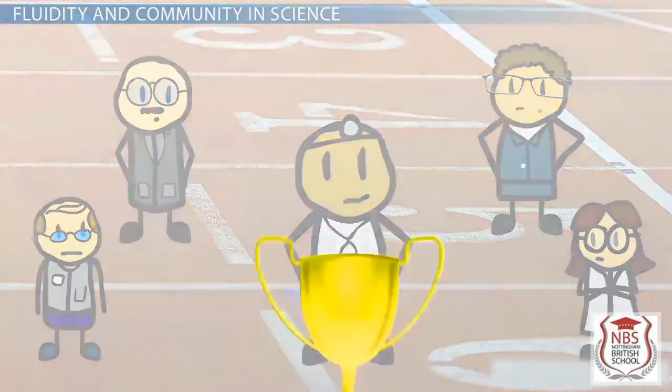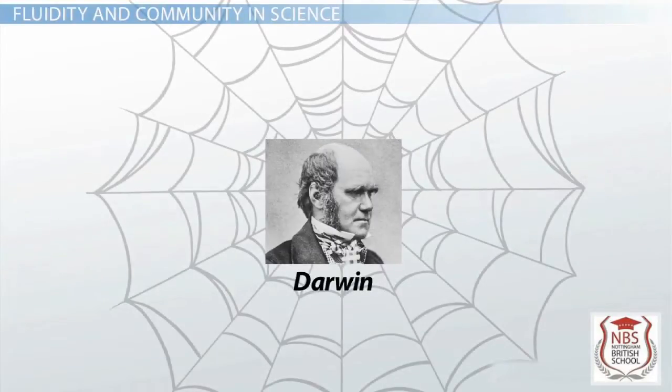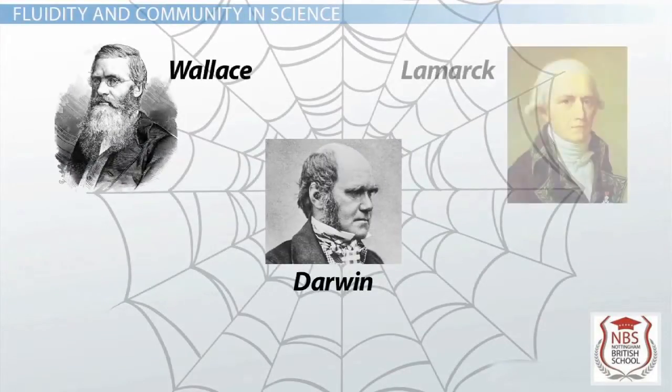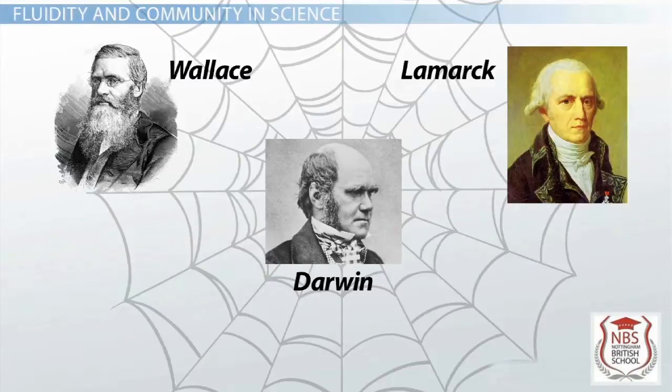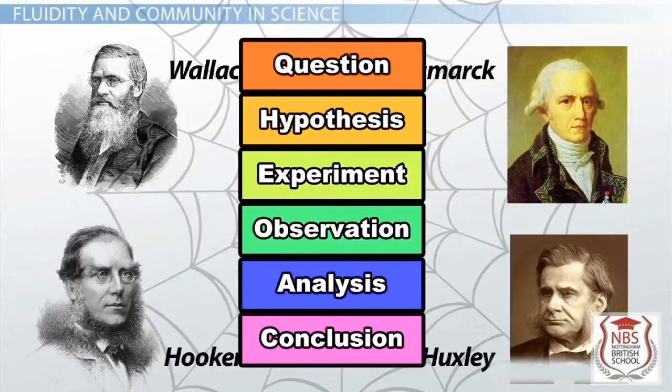They know the prize goes to the scientist who gets things right and publishes it first. Even Darwin had to compete with other naturalists like Alfred Wallace and Jean-Baptiste Lamarck, but he also worked closely with his friends Joseph Hooker and Thomas Huxley, who studied biology and helped him develop his theories. As you can see, the scientific method does not work in isolation. It functions within a community, both inside and outside the realms of science.